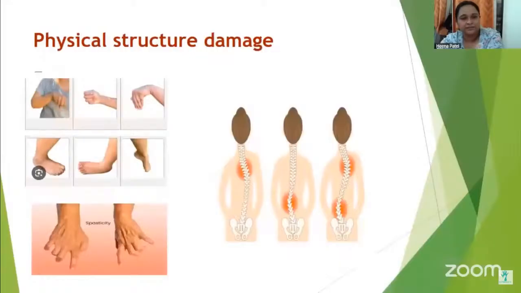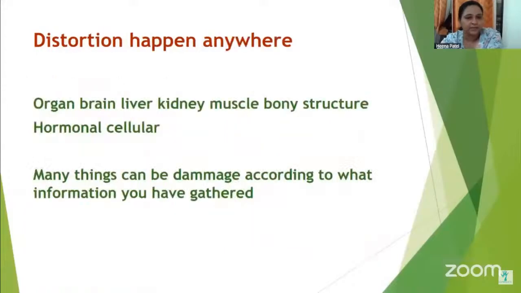If the structure is not rigid, we can even change it with this model. If the structure is rigid, then we need to go for surgery, and then the child comes for exercise. Distortion can happen anywhere: organ, brain, liver, kidney, muscle, bone structure, hormone, cellular. Whatever kind of memory is there, it can damage your body accordingly.